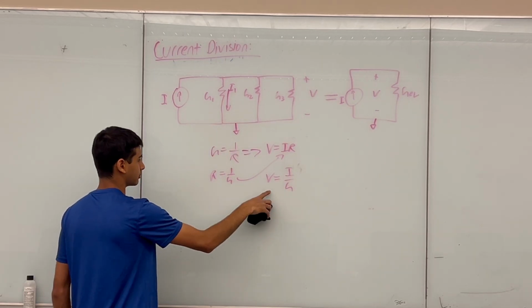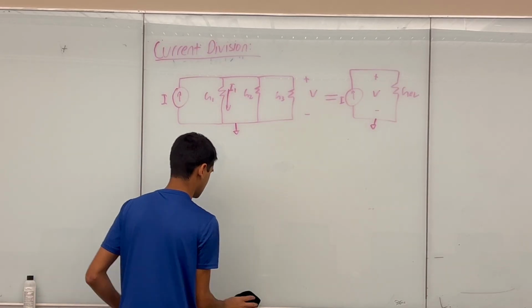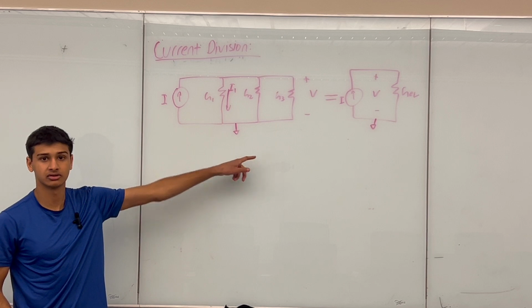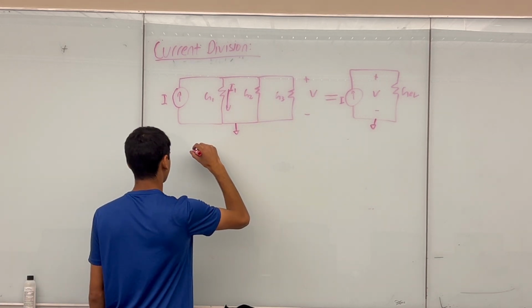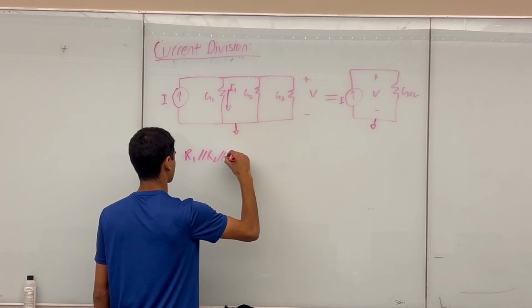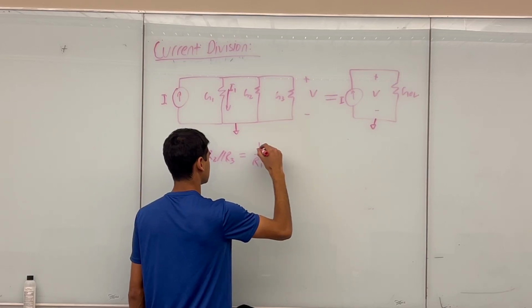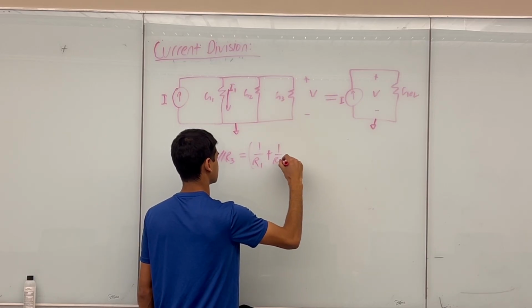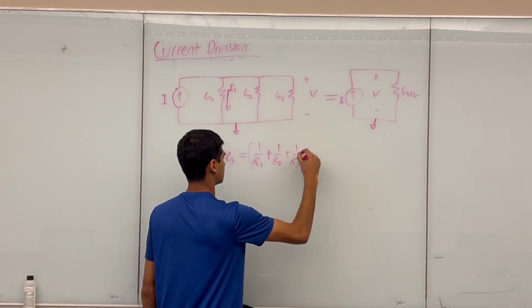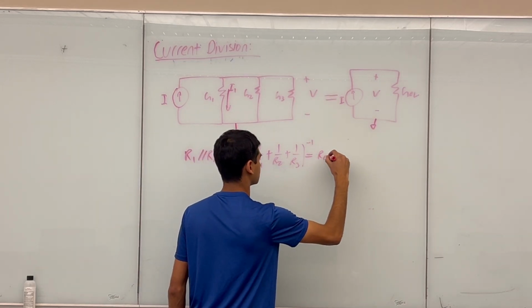And so one of the more useful cases for conductance is combining resistors in parallel. So if you remember the formula for resistors in parallel, you get R1 parallel R2 parallel R3 equals (1 over R1 plus 1 over R2 plus 1 over R3) to the power of -1, and that equals Req.